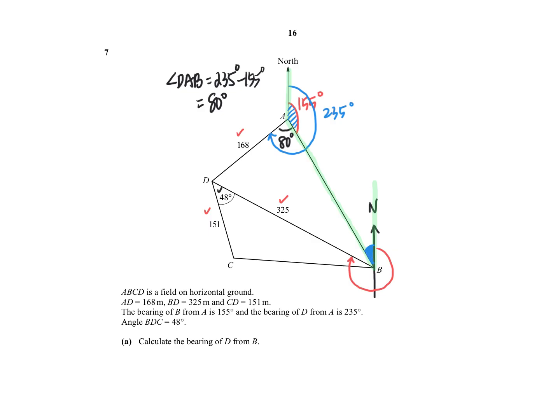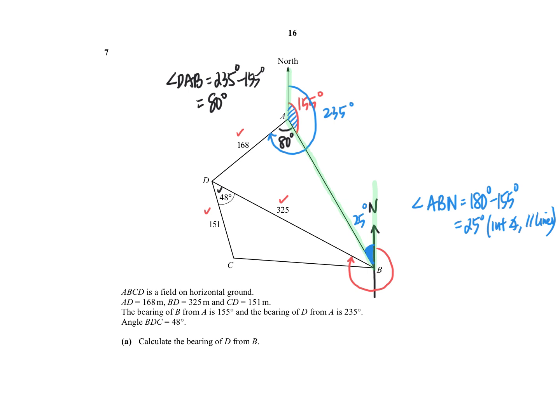Angle ABN is 180 minus the 155 on top, which is 25. They never say you must state your reasons clearly, so if you never write your reason, it is okay. But to practice, this is interior angle, parallel lines. So this angle I found is 25.